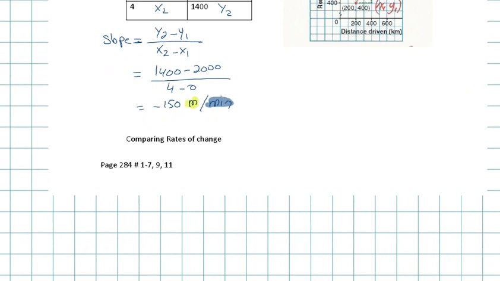By the way, I love French. It's easy. The height of the plane is decreasing 150 meters per minute.